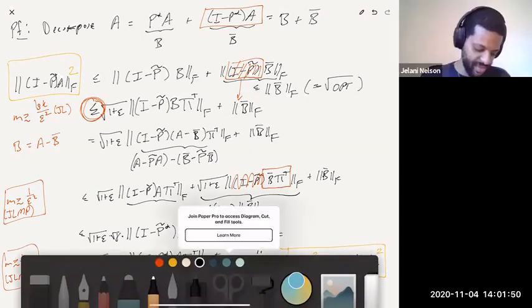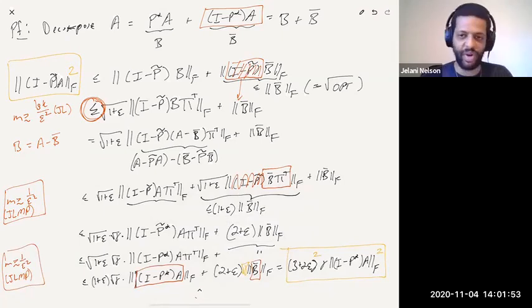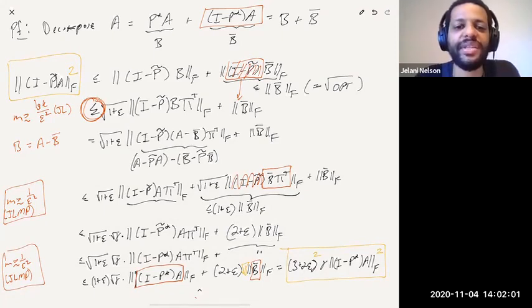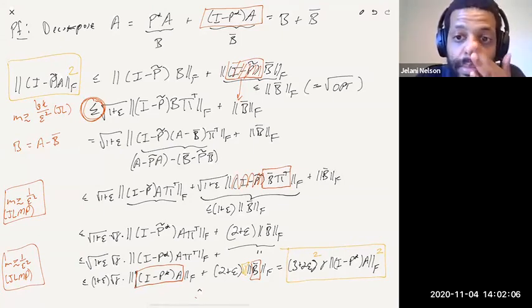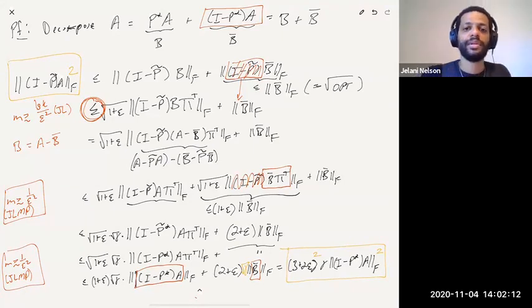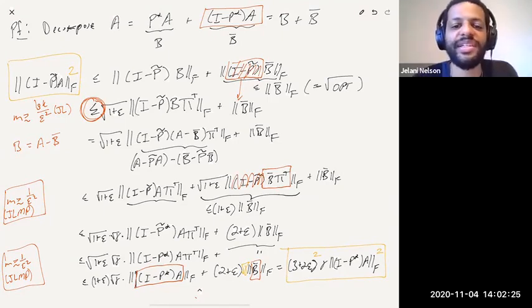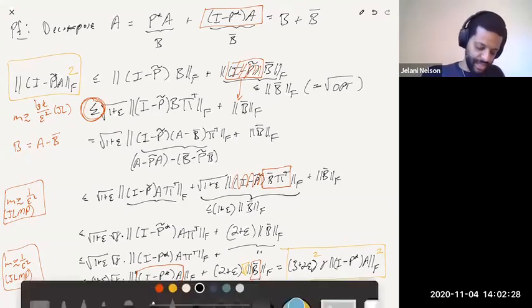One is that your JL on the rows of B, and the other is that pi preserves B bar, which is the same thing as identity minus P star A. Okay, great. There's something goofy in the notes, which I'll fix. There's some typo there. Okay, great. So let's continue.